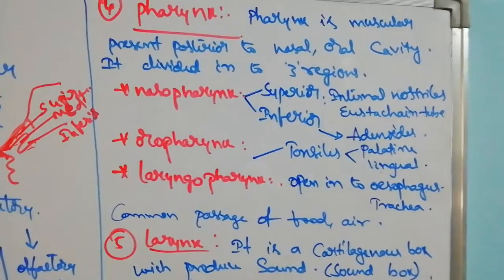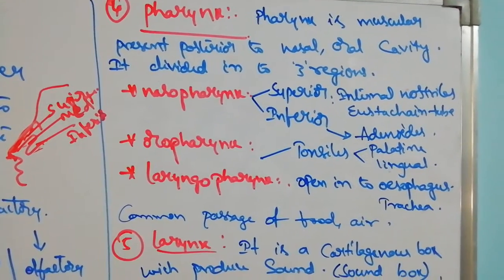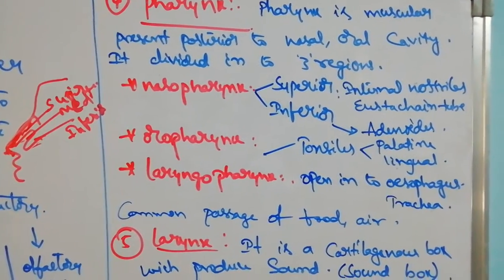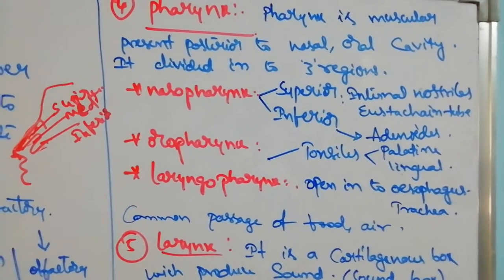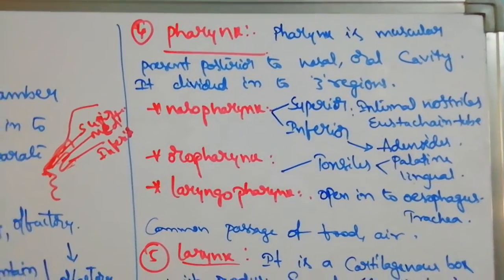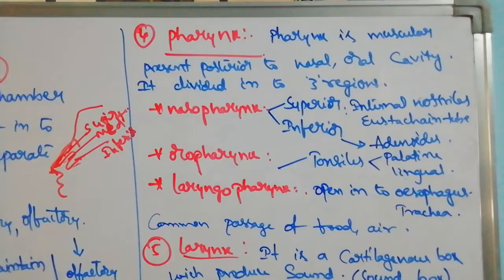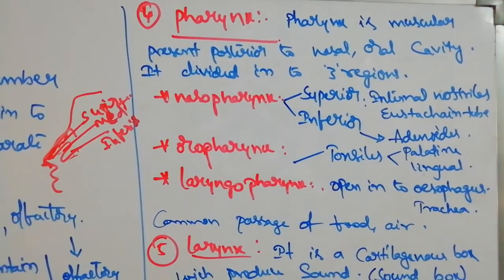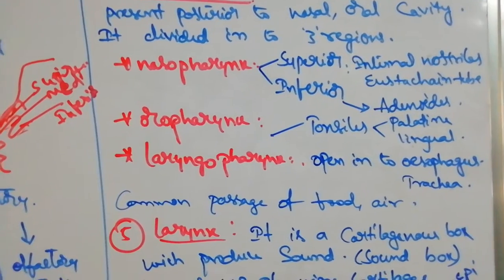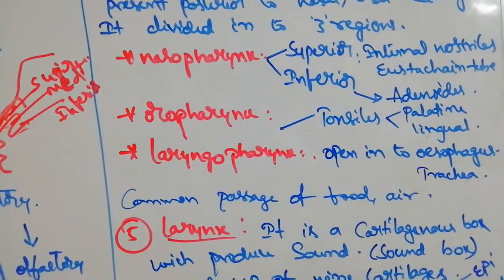The pharynx is a muscular opening present posteriorly to both the nasal and oral cavity. It is the common passage of both food and air, and it is divided into three regions: nasopharynx, oropharynx, laryngopharynx.